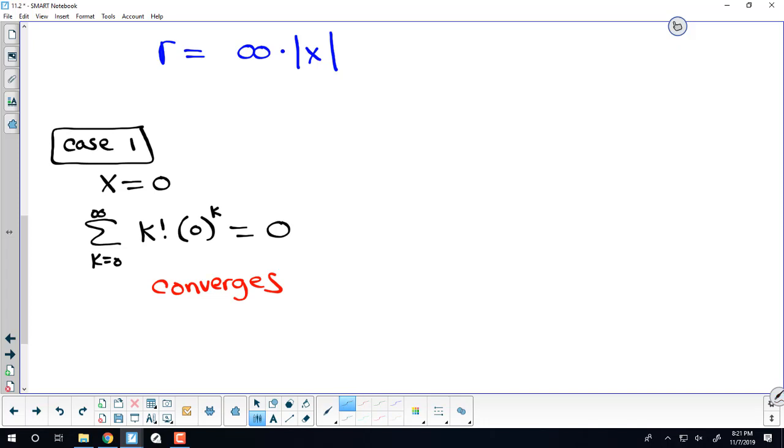The other case is when x isn't 0. So when x isn't 0, what happens? The ratio of subsequent terms is getting larger and larger and larger. Yeah, it would have to diverge.